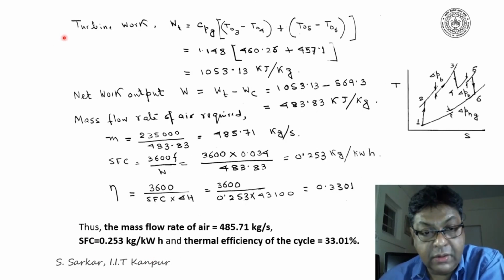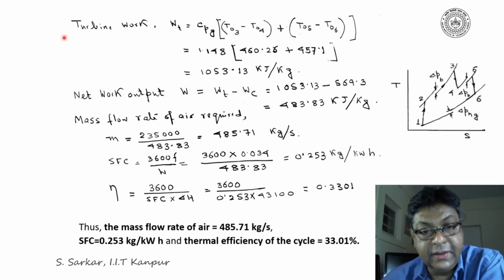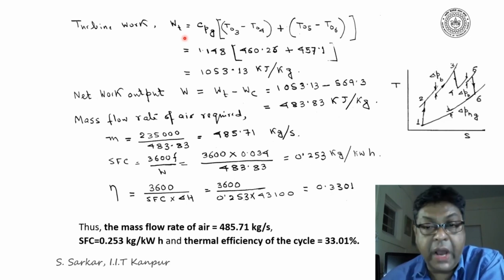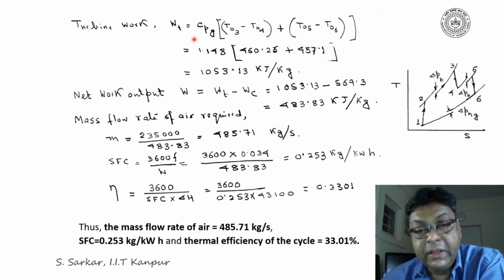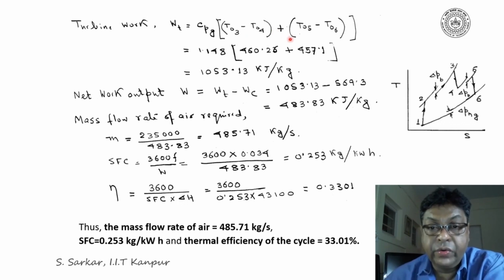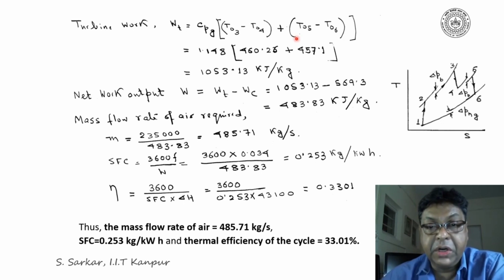Now turbine work would be the combination of HPT and LPT. Thus WT is equal to CPG into T03 minus T04 plus T05 minus T06. The T03 minus T04 is the temperature drop in HPT, and T05 minus T06 represents the temperature drop in LPT.